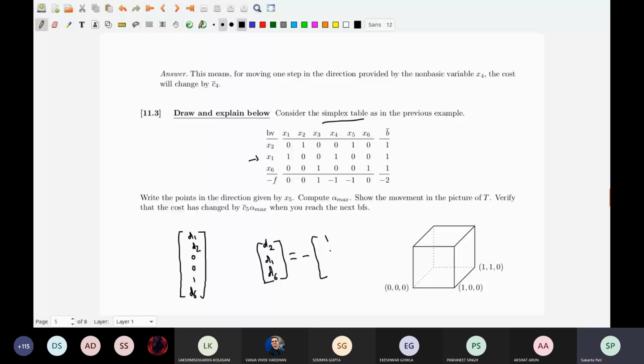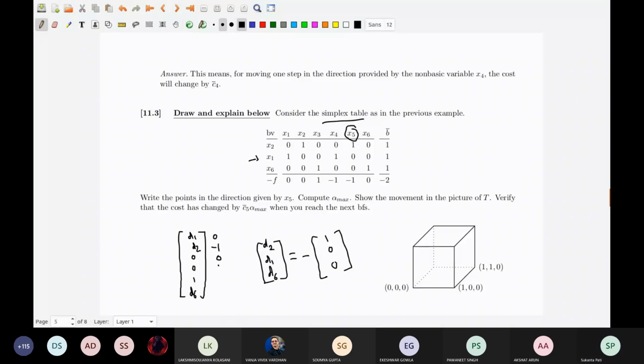The chosen non-basic variable is x5 here, with column 1, 0, 0. That means d2 will be minus 1, d1 will be 0. So this is the vector: 0, minus 1, 0, 0, 1, 0. This is the vector.